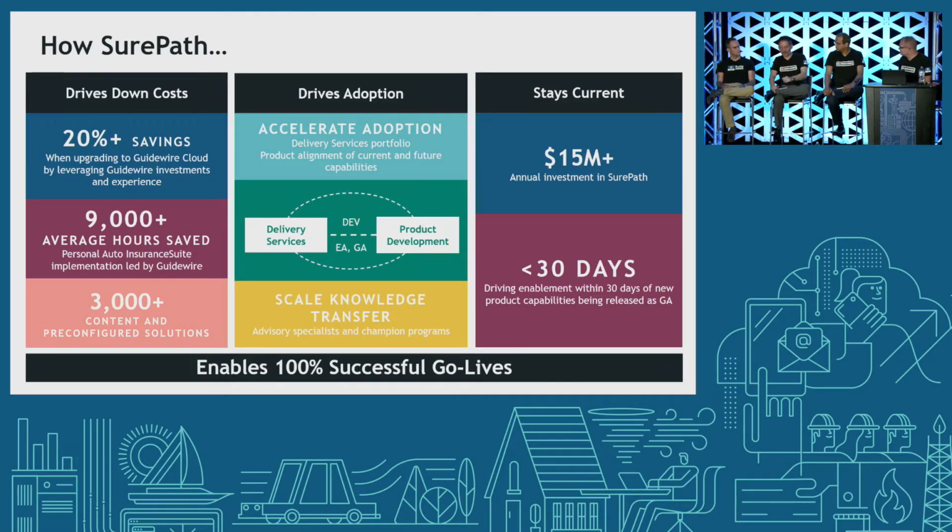How common is that? Yeah, so the 9,000 hours, right, is based on a representative case. Of course, is based on the scope that you are implementing, right? But every customer making use of the pre-built content can expect a significant savings in terms of hours, right?